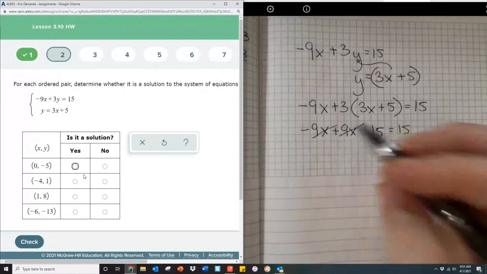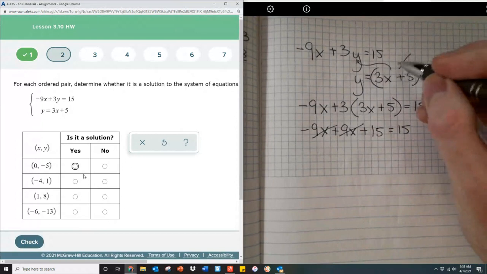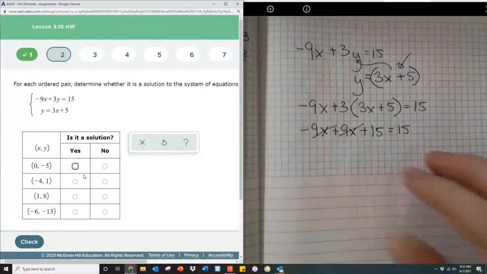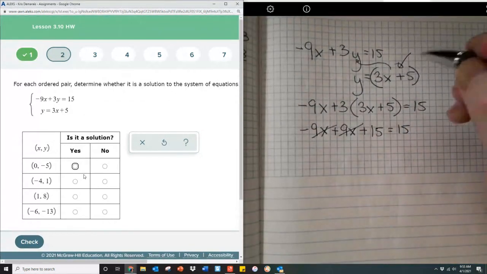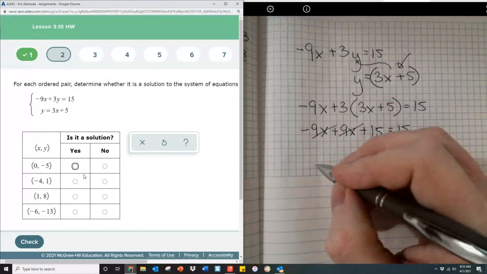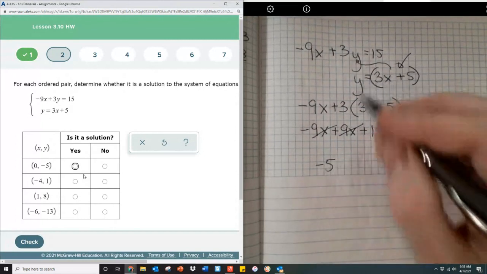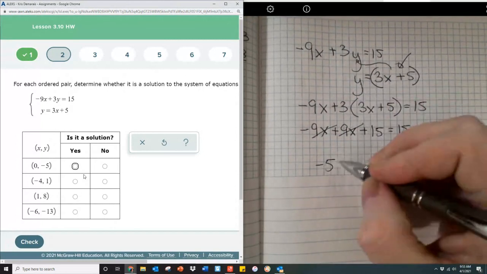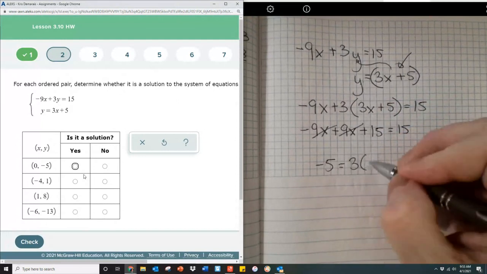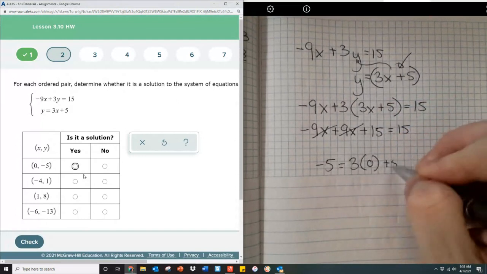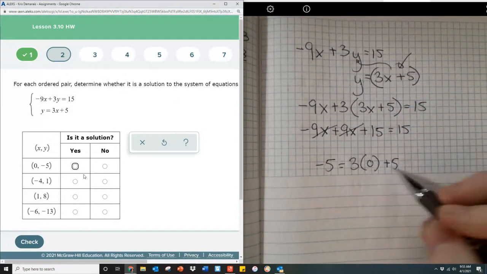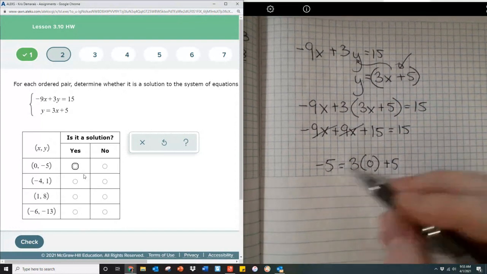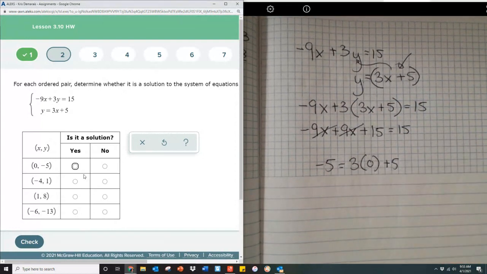So in order to do that, I'm going to choose the second one here for my substitution, because if I go ahead and put in negative 5 for y, and then put 0 in for x, we can quickly see that it does not work. Negative 5 does not equal positive 5. So therefore, this is no, this one does not work.